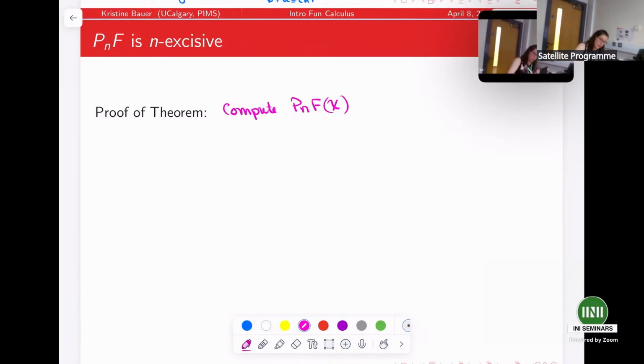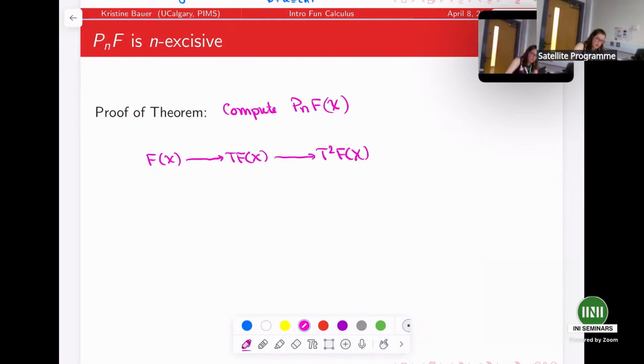Okay, well, how do I do that? I just take the definition. All of these have little n's in them because I'm really taking Pn. And I keep going.